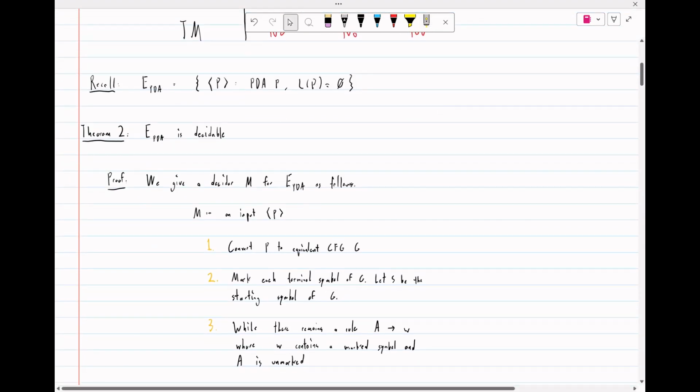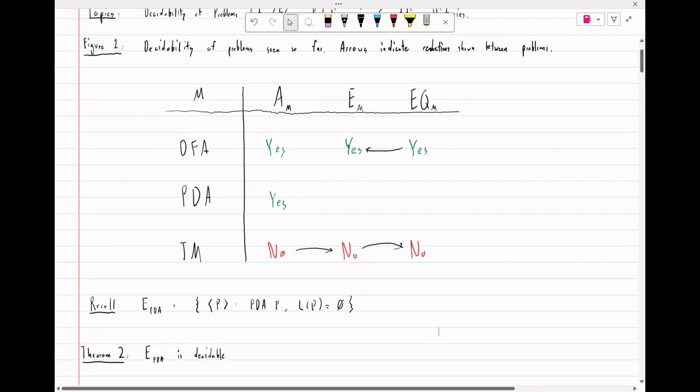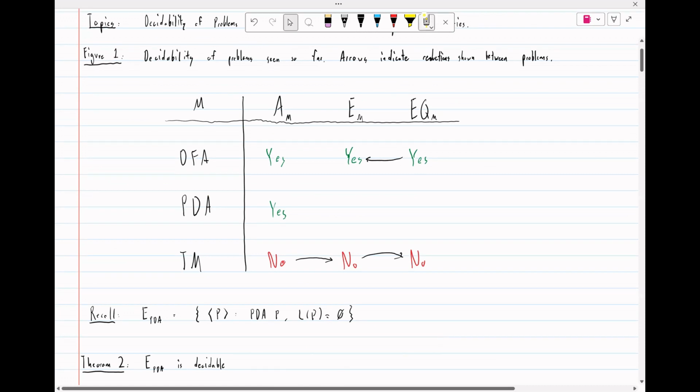But before we actually give an answer to this question and proof, I just want to ask you guys something. Do any of you remember how we showed that EQ-DFA was decidable? How do we do that? What do these arrows mean in the table?